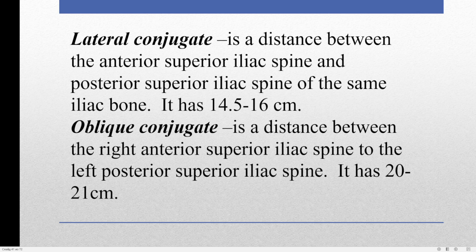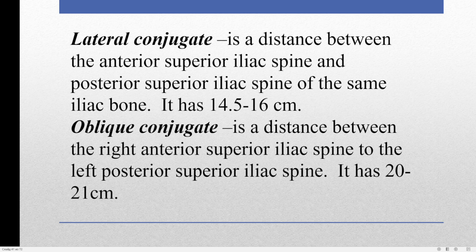If we think about a contracted pelvis, we have additional sizes. For example, the lateral conjugate is the distance between the anterior superior iliac spine and the posterior superior iliac spine of the same iliac bone.